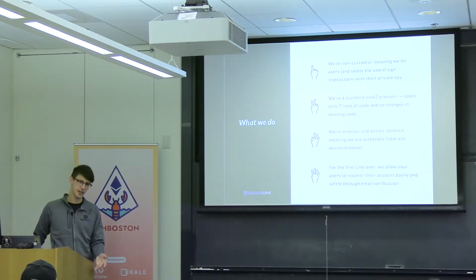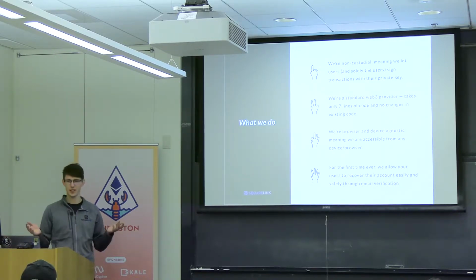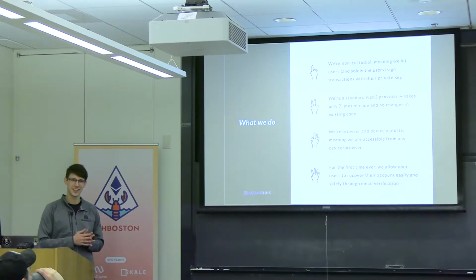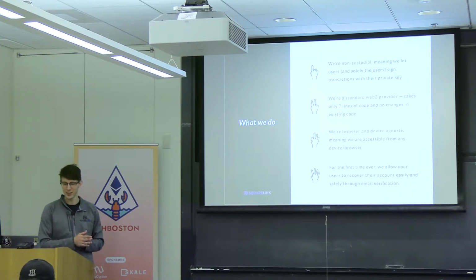One of the core advantages in terms of UX: obviously all of you have probably used MetaMask, right? New users coming into the space see a dApp, they want to use it, think it's cool. They have to download a Chrome extension, they have to be on desktop using Chrome. I guess MetaMask now has their mobile version. But the onboarding friction for getting into a dApp at this point in time is absolutely ridiculous and unnecessary.